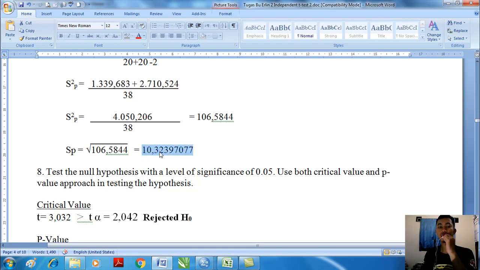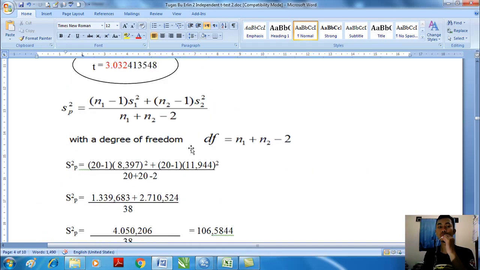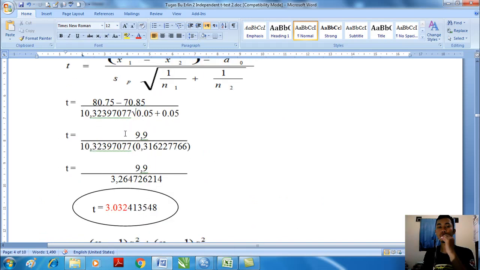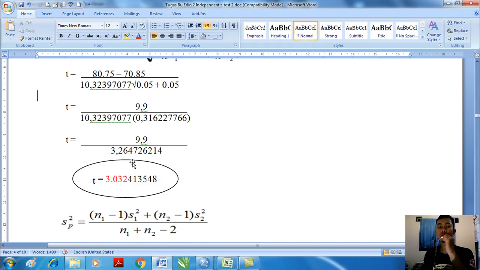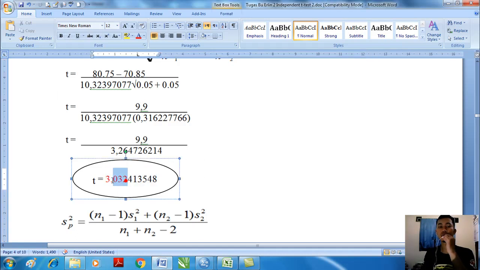So this is the square root, 10.3239777. This one is for the t statistic first, and then 9.9 divided by 3.3642 and so on, and then we got this t score, 3.032. This is the statistic.